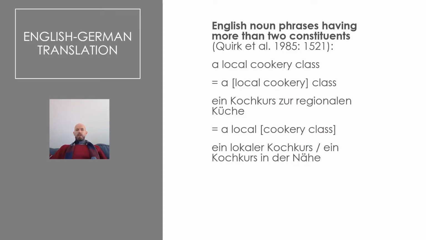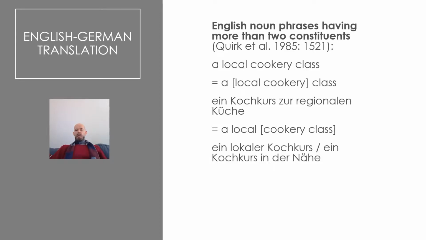So let's look briefly at the translation direction English-German. One of the major problems that arises here is when you have an English noun that consists of more than two constituents. So for instance, a local cookery class can be interpreted in two different ways.